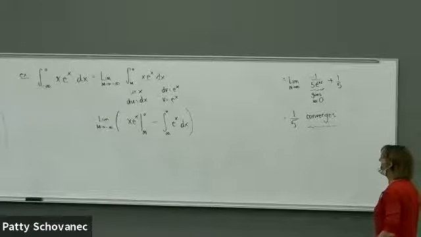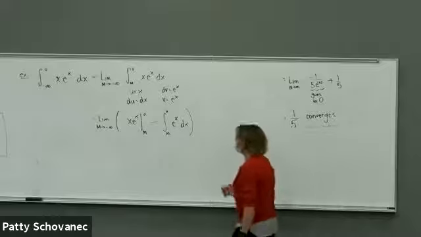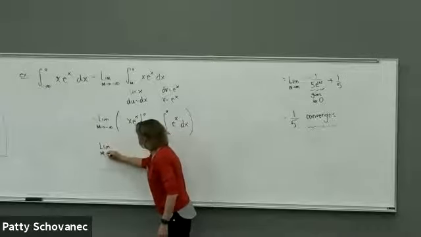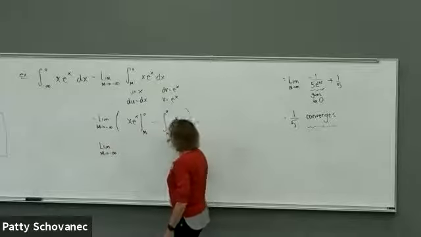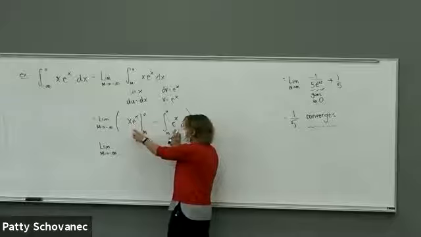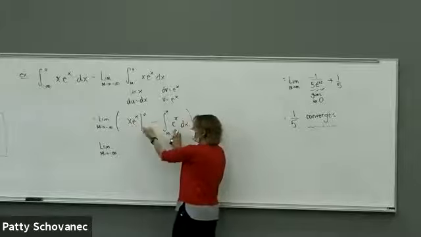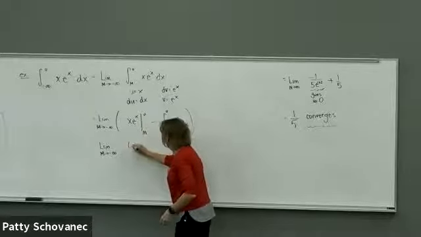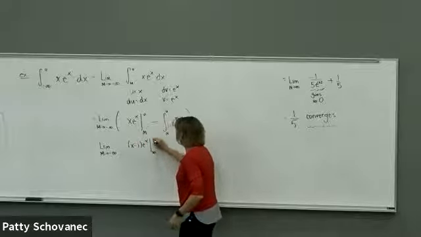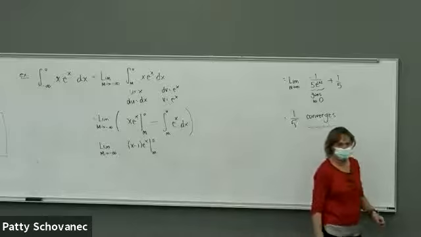But again, the integral of e to the x is e to the x. I have an e to the x here and an e to the x there, so why don't I factor it out and write this as x minus 1 times e to the x, from m to 0. Okay with everybody?